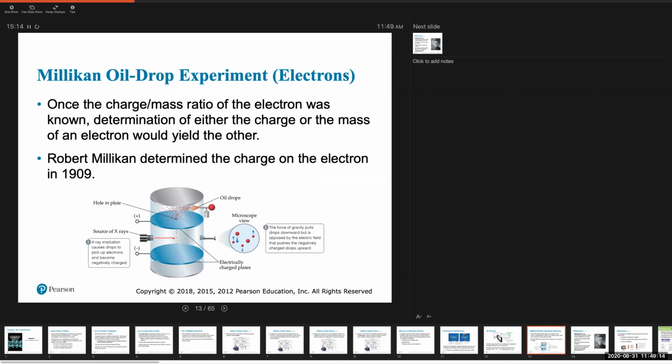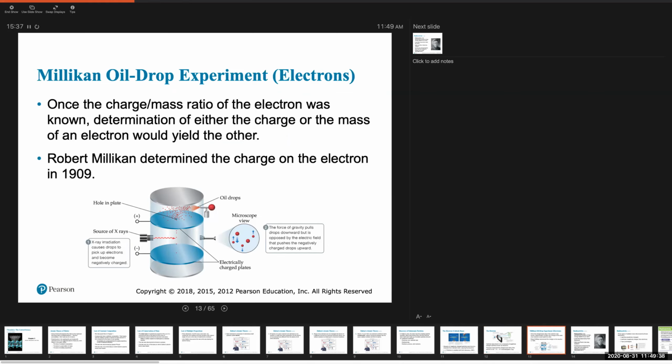And that's where this guy Millikan came into play. And he determined the charge of the electron. So once again, it's one of those now where we all kind of take for granted that an electron is negatively charged, but back then they didn't know that, okay? Because remember, they were going off some theory that didn't even say that there were electrons. So Millikan did this oil drop experiment. You can look at that in detail if you want.